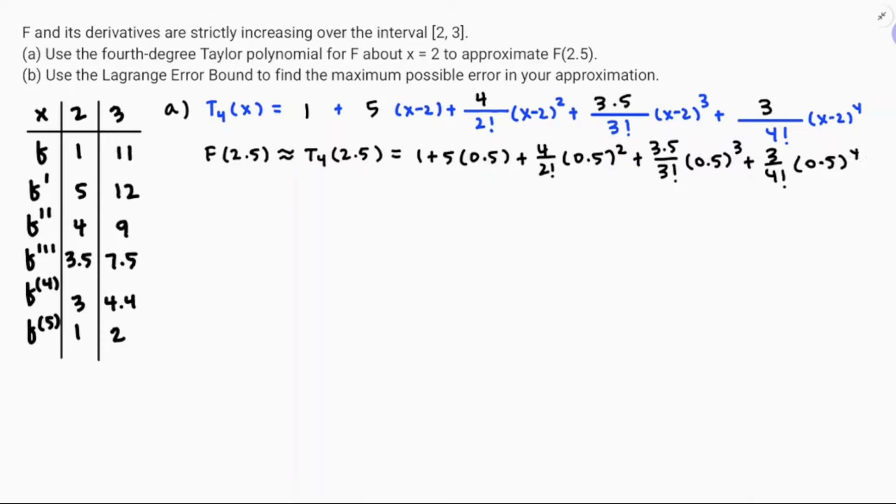Kind of feeling like it might have been better to just erase all those x's and replace them with 2.5s, but it's okay. I've gone this far. Hey, what I'm really here for is the Lagrange error bound to find the maximum possible error in our approximation.